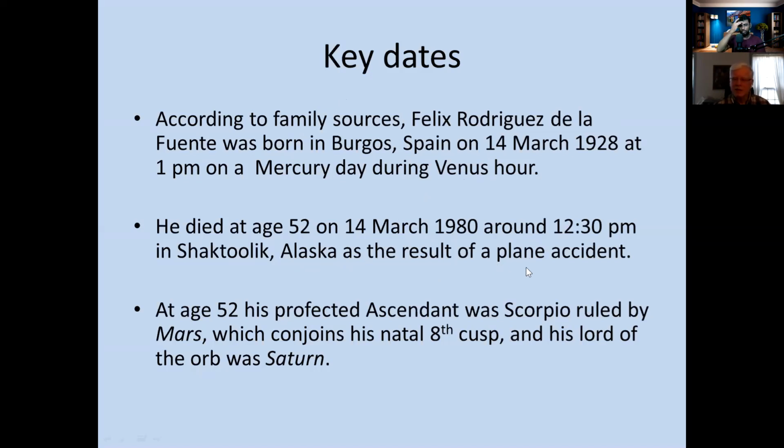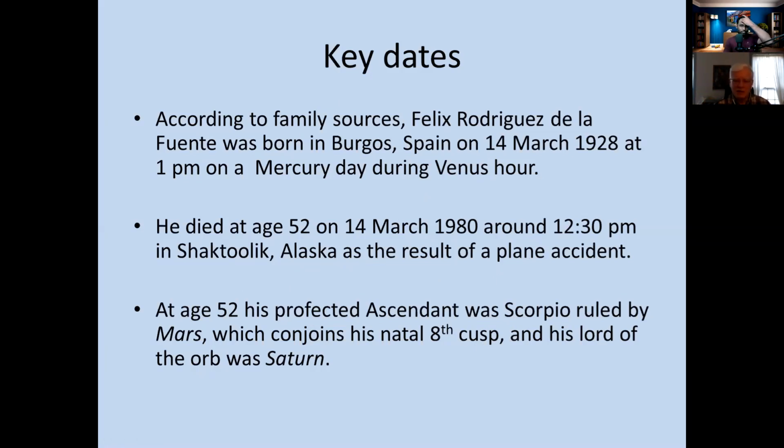So when I hear plane accident, I think of the ninth house, air travel, maybe Uranus, Mars, things like that, maybe Saturn. His profected ascendant was in Scorpio, so there's a Mars influence that year. Mars, I will see, conjoins the natal eighth cusp. I think I used Placidus cusps here.